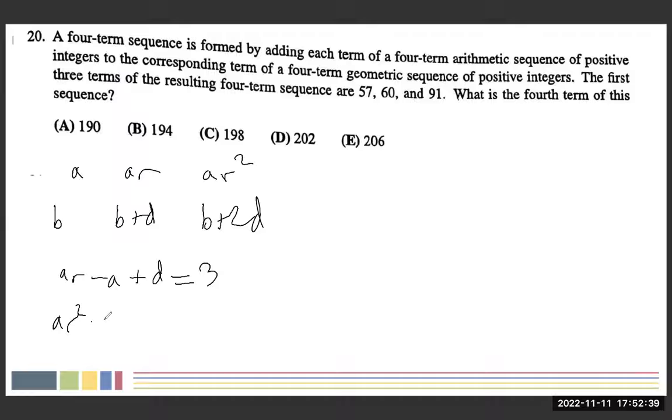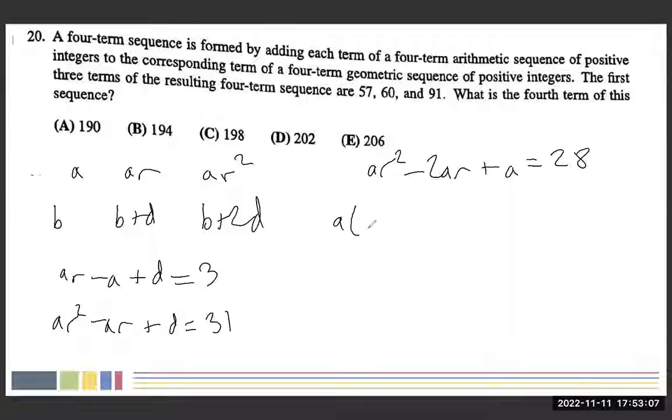And AR squared minus AR plus D, because this difference is also D, is 31. Now we can subtract this equation from that one and get AR squared minus 2AR plus A equals 28. This factors as A times (R minus 1) squared equals 28, and this already gives us very few solutions.